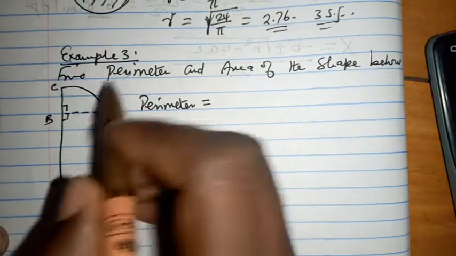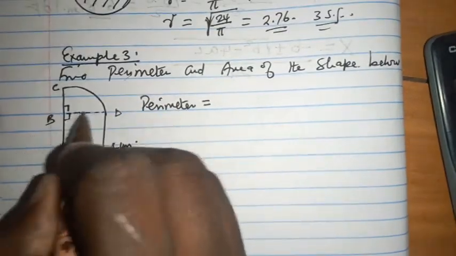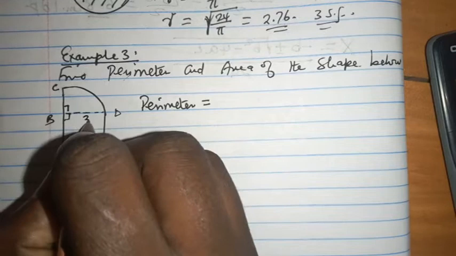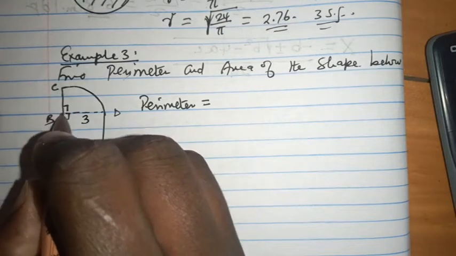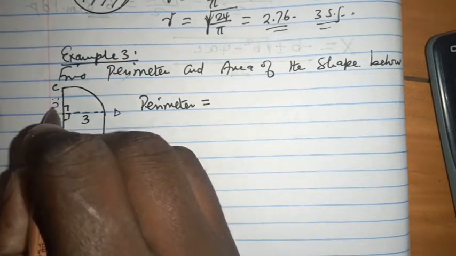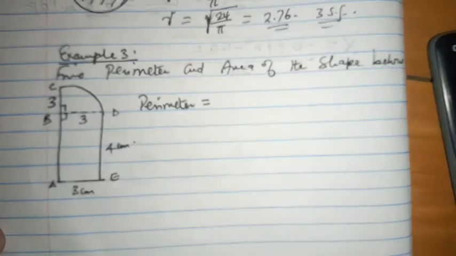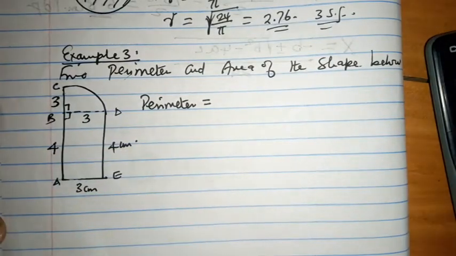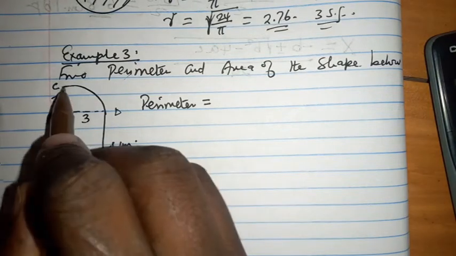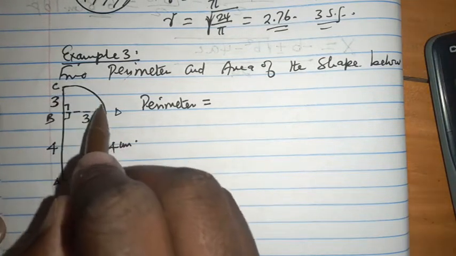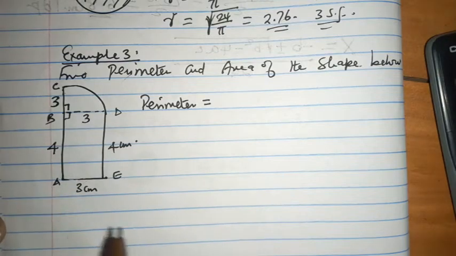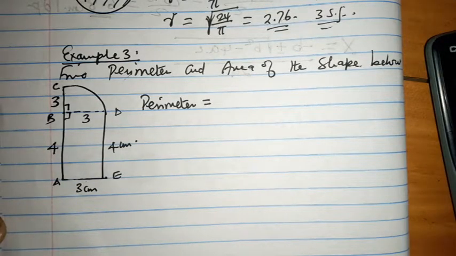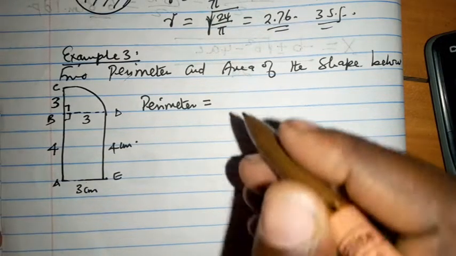If this is a quarter of a circle, then the radius is 3, and this also happens to be the radius, which is also 3. The radii of the same circle are equal, and that means that is 4. The only part that we don't have is that curve, which is a quarter of the whole circle.